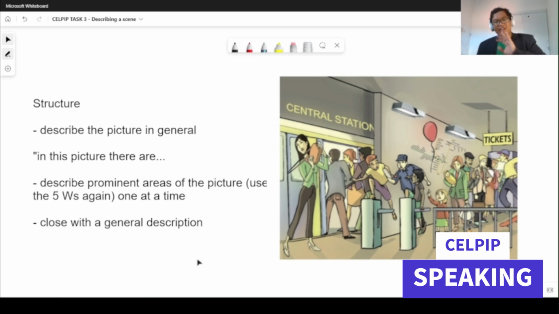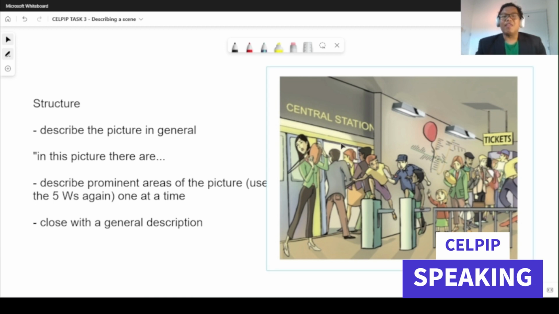So then you can immediately see, from this picture, there are at least 3 different prominent areas. Number one, you have the people queuing up at the ticket booth, and you can describe the different kinds of people there. The second part is in the middle: that is the gate, and there are also people in that part doing something different compared to the people at the ticket booth.